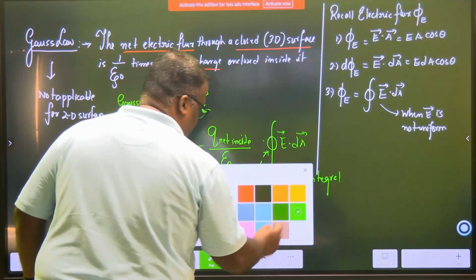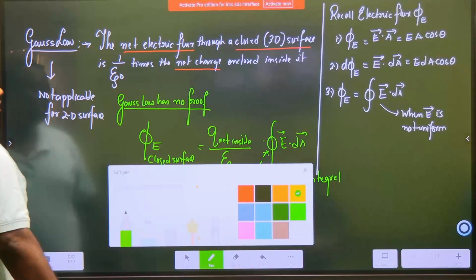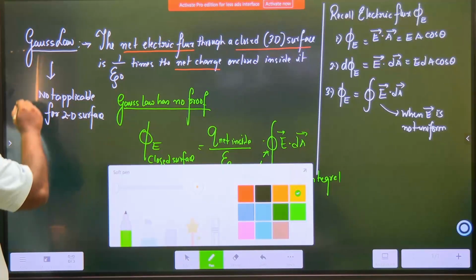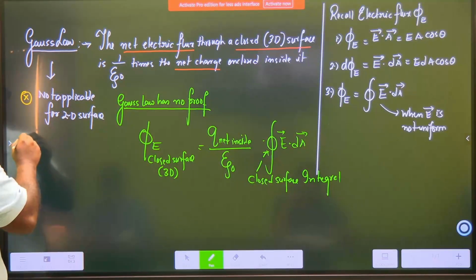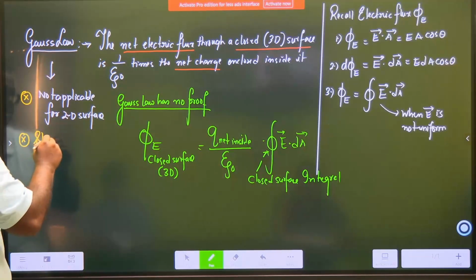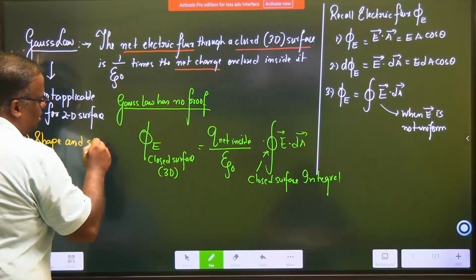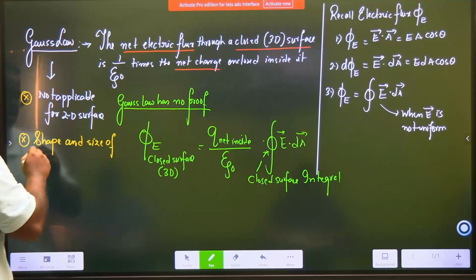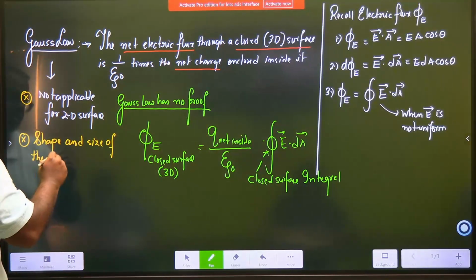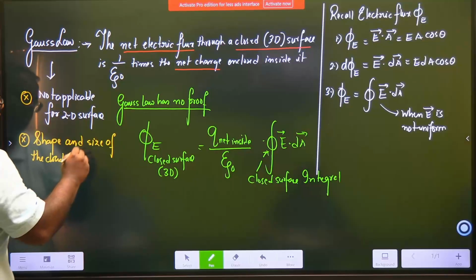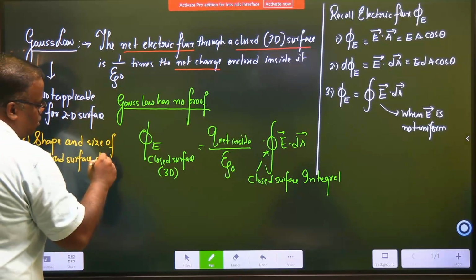Some further points. One, shape and size of the closed surface does not matter.